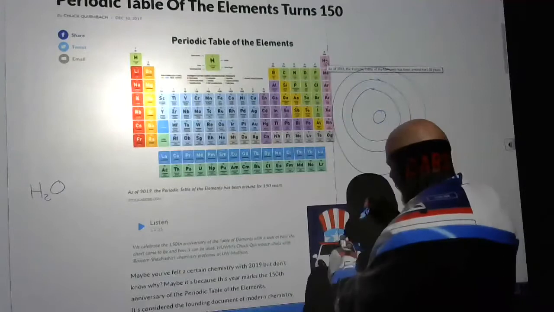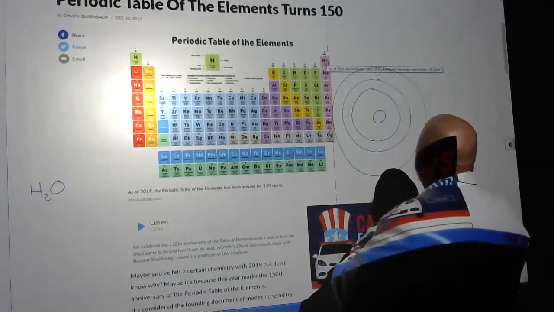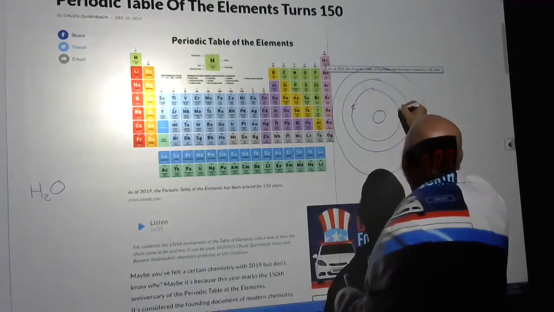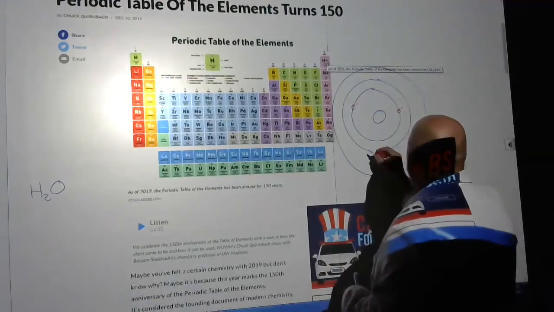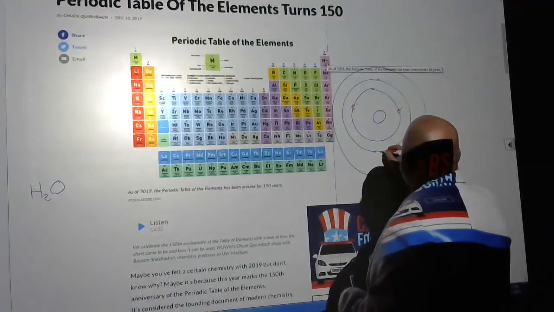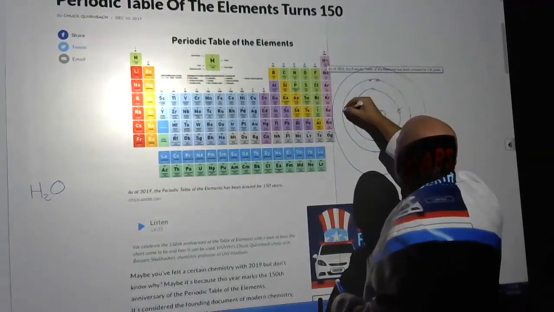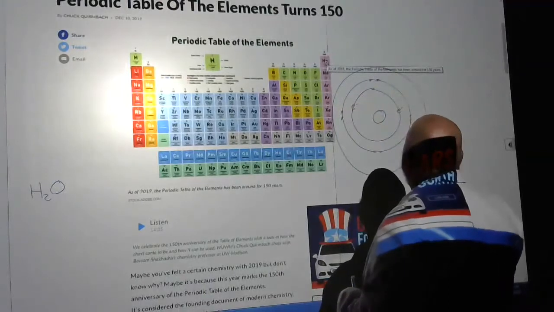How many electrons do I have in the first shell? 1, 2. Next shell is how many? Maxed out, 8. And then how many in the third?